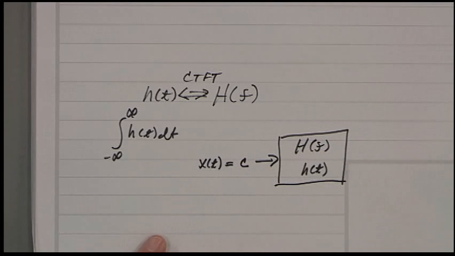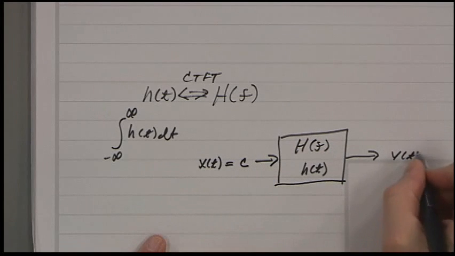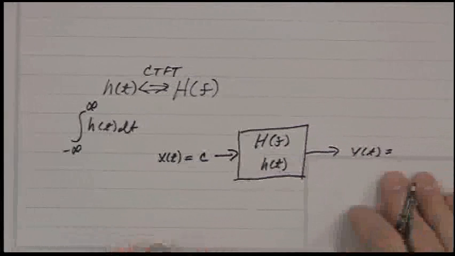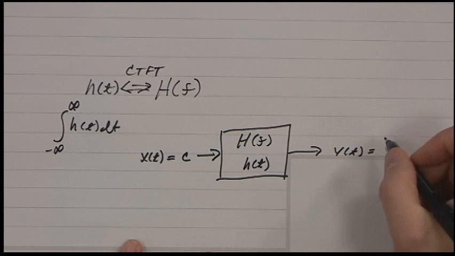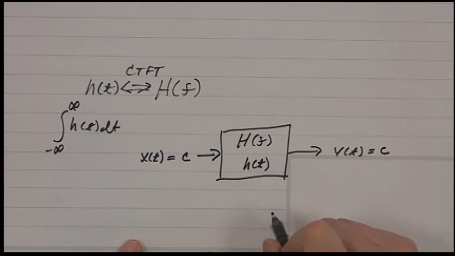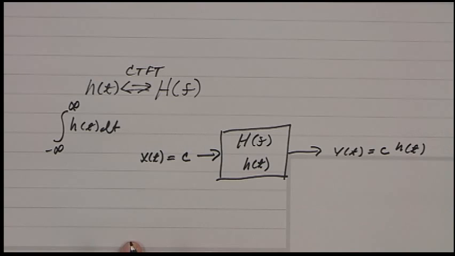So what's the output going to be? If you put a constant input into a linear time invariant filter, what's the output going to be? C times h of t? Sure. It's just a constant.